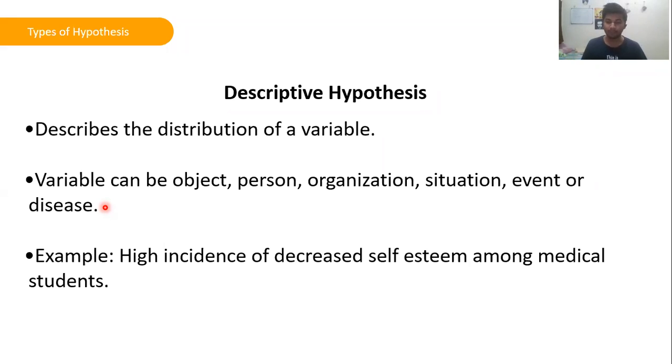For example, let's say I took a statement like: high incidence of decreased self-esteem among medical students. This is a hypothesis. You ended up with this hypothesis, and see, it is simply describing that among medical students, there is a high incidence of decreased self-esteem. So it's simply describing. It's a descriptive hypothesis, right?